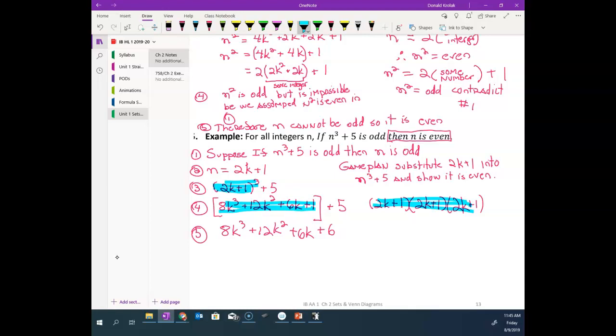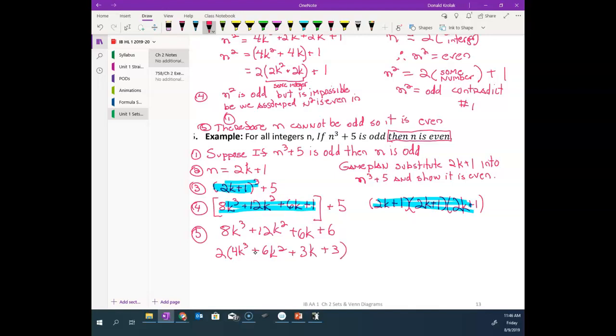Now, statement 5, if you look at it, all the terms have 2 as a common factor. So I could rewrite this as 2 times 4k cubed plus 6k squared plus 3k plus 3.